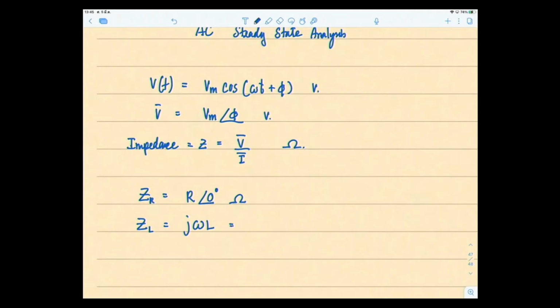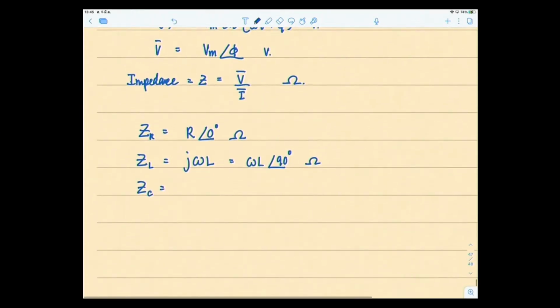In phasor form, it is omega L at angle 90 degrees ohms. The impedance for a capacitor is minus j over omega C, or in polar form, 1 over omega C at angle minus 90 degrees ohms. So you need to know this.